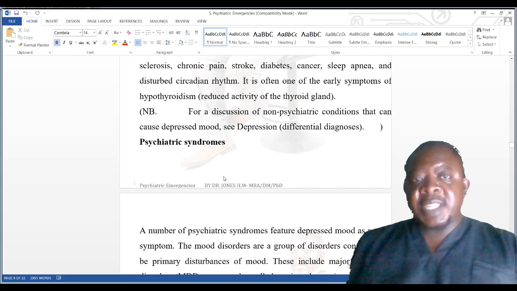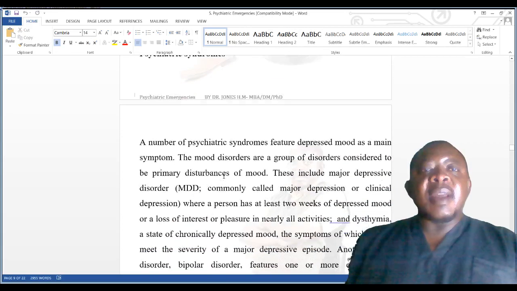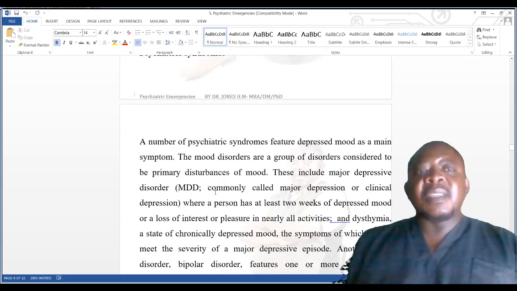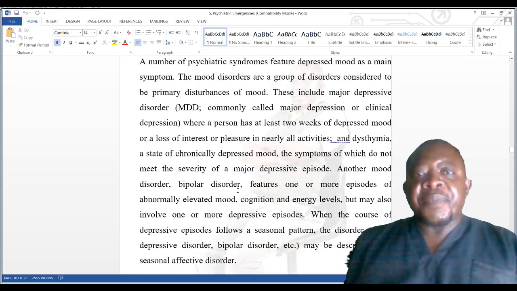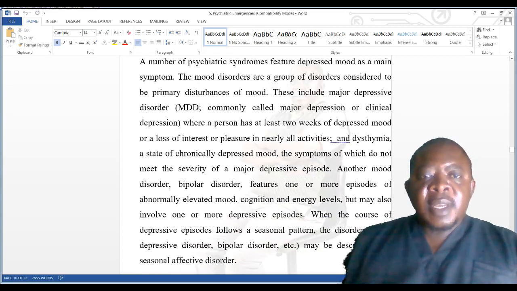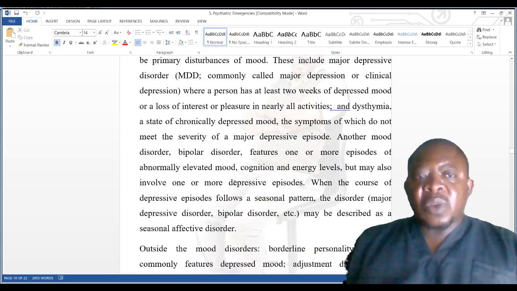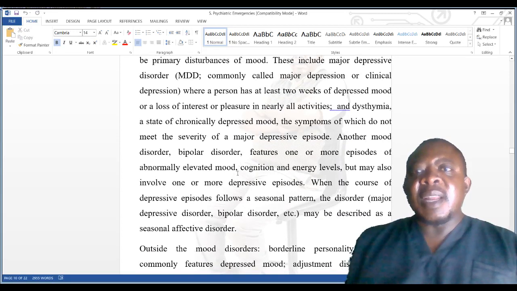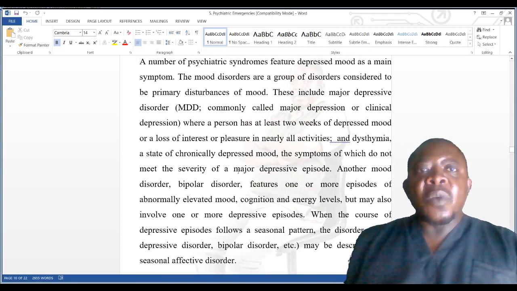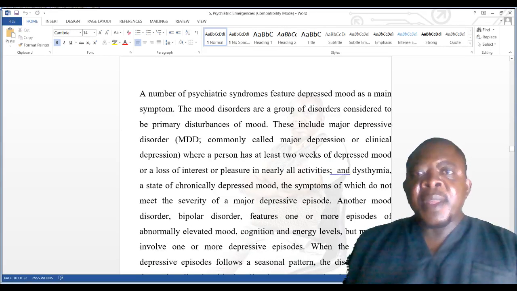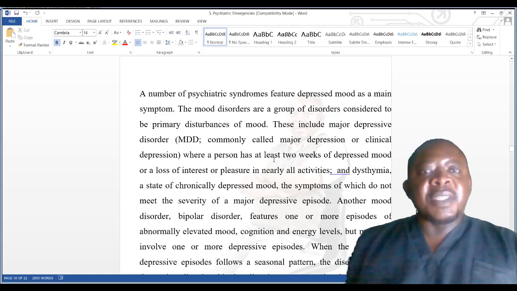Then we looked at psychiatric syndromes, like depressive disorders and bipolar disorders, which may predispose one to depression. Major depressive disorder was also mentioned.